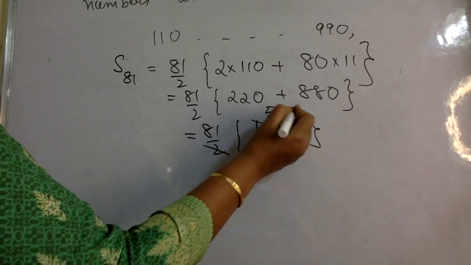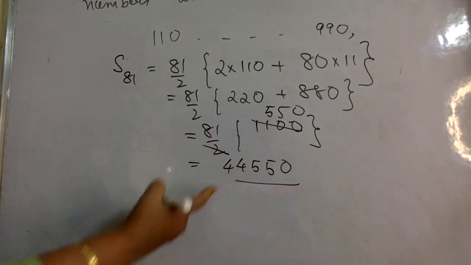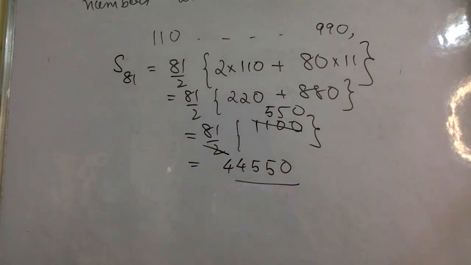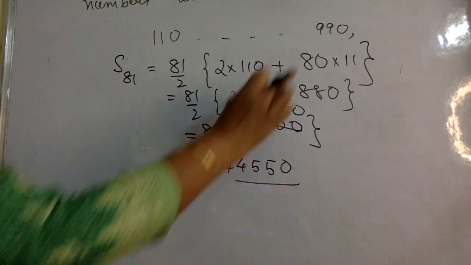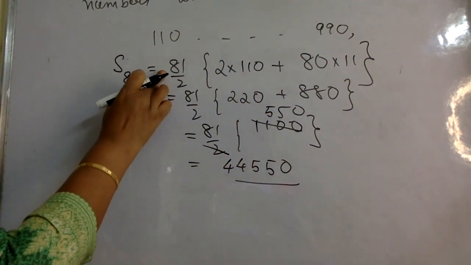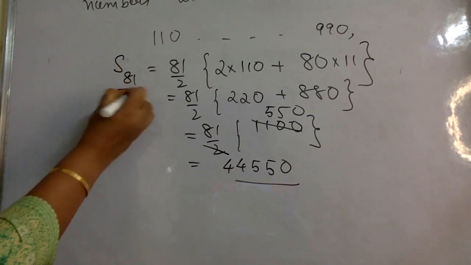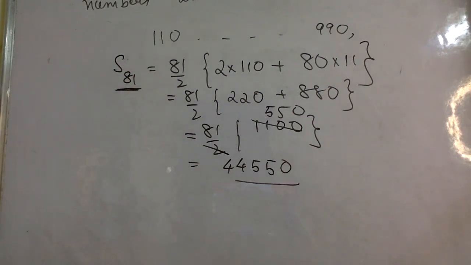We get 550. 550 into 81. Okay, that comes to 44550. Okay, so this is the sum of all the terms in this AP. So what we did here is we found the n number, that is the total number of terms, and then we went for the sum formula.